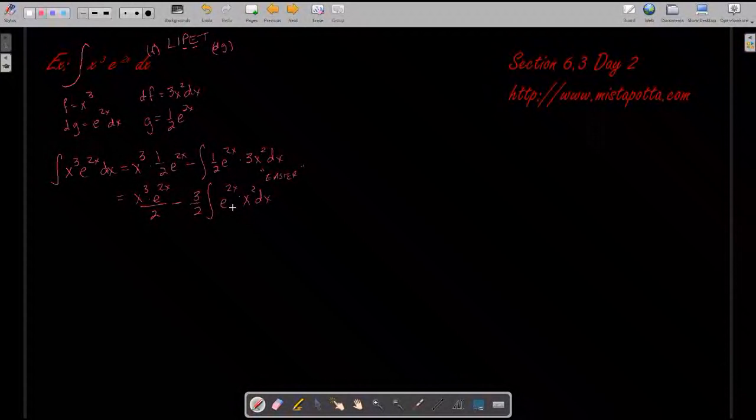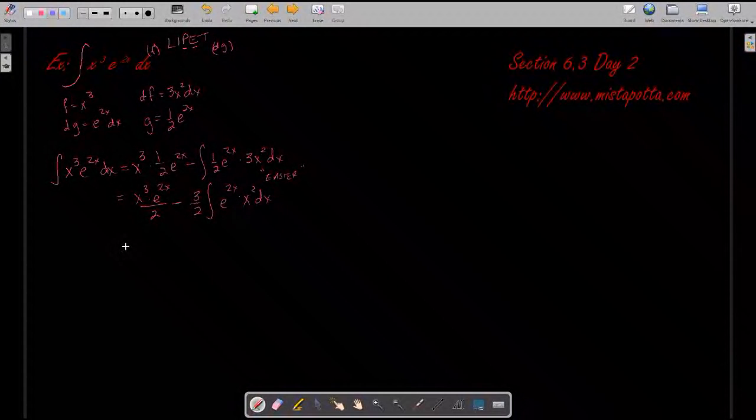So I'm going to have to take an antiderivative for x cubed, x squared, x to the first, and finally x to the 0, which is basically a constant coefficient. So we're going to have to do this several times, but that's okay.